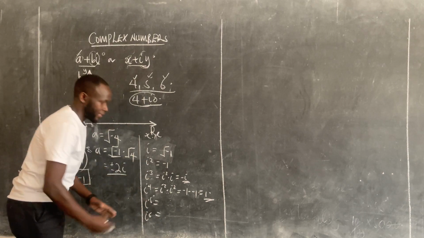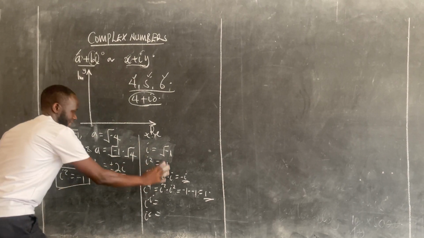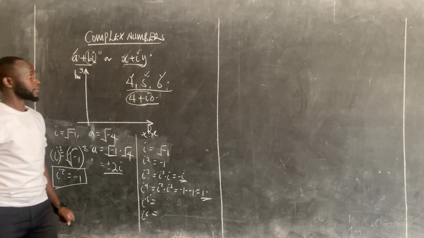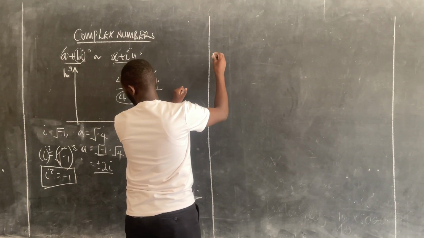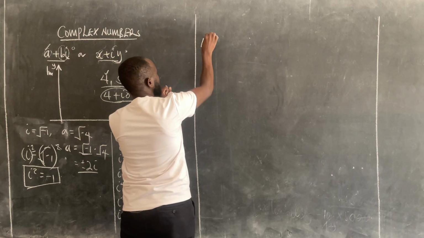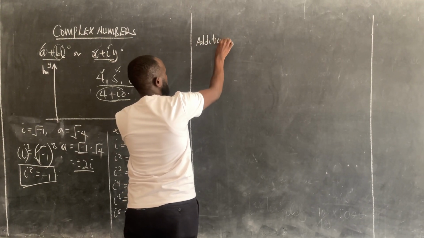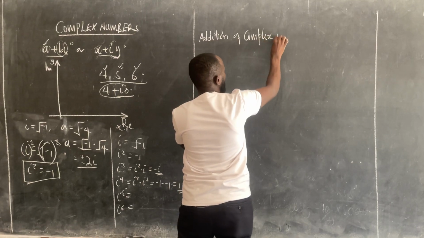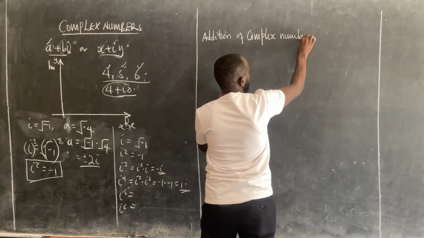So you complete this. After having this and knowing all this, now let us see the arithmetic or the algebra. So we have addition of complex numbers.